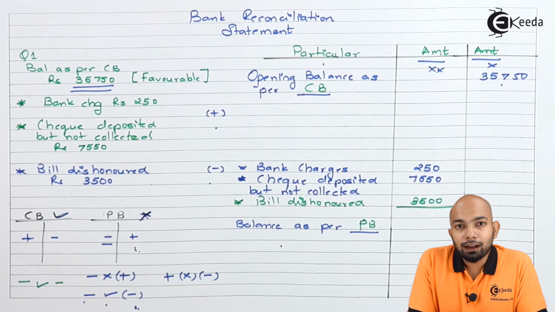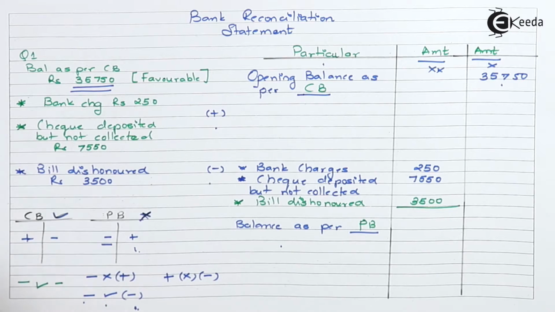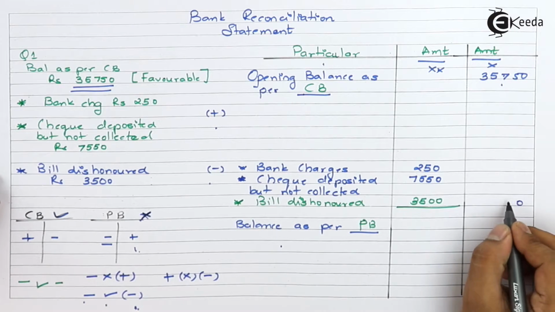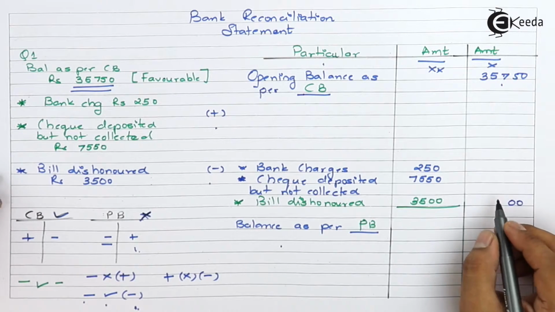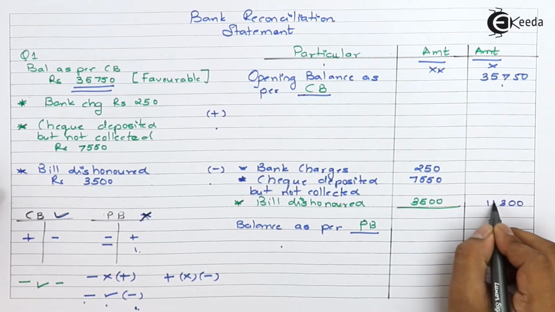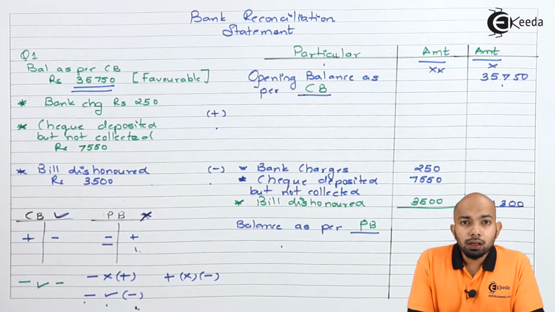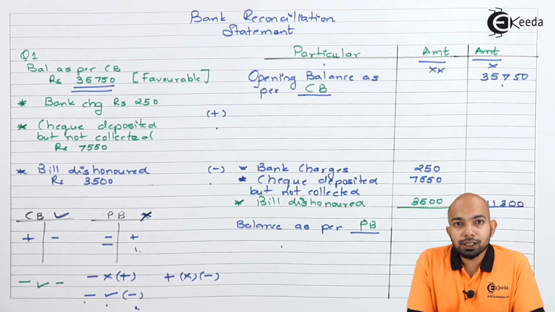So now that we have all the transactions mentioned here, let's total the transactions and find out the balance as per the passbook. The total of the subtraction side comes to 11,300.